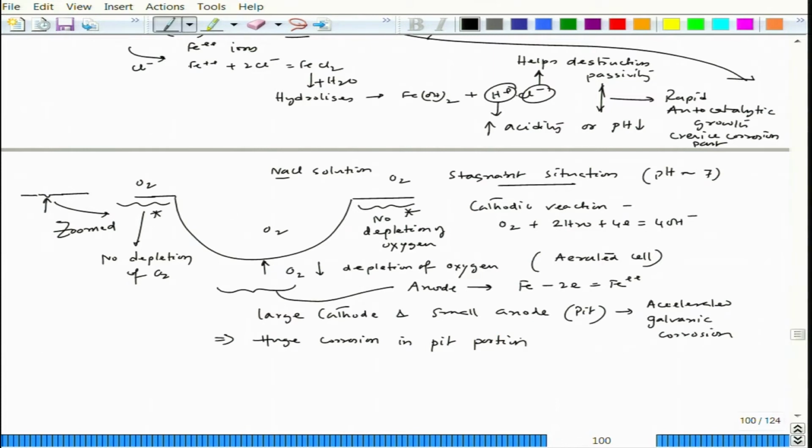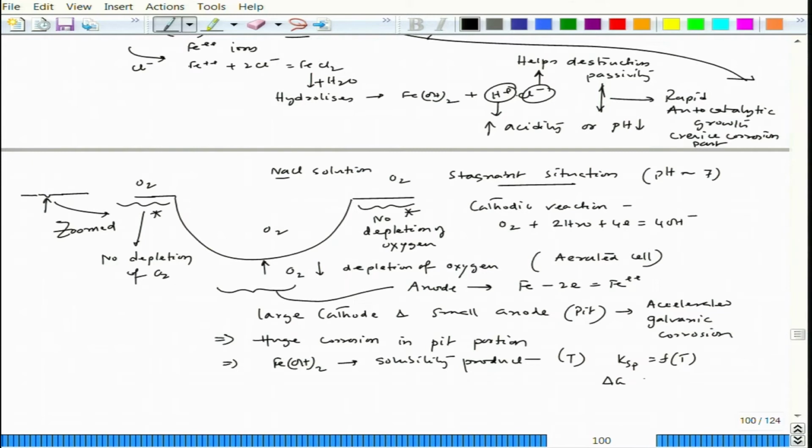So again there will be Fe(OH)2 formation, and it has its own solubility product, which is a function of temperature, because the solubility product Ksp is basically a function of temperature. Why?